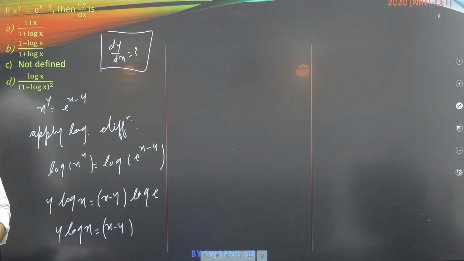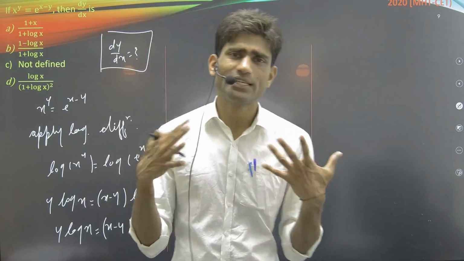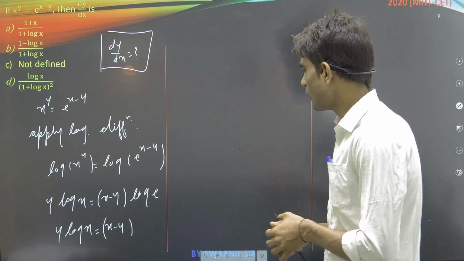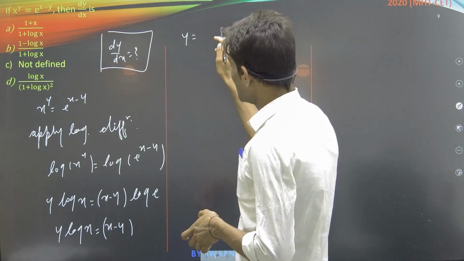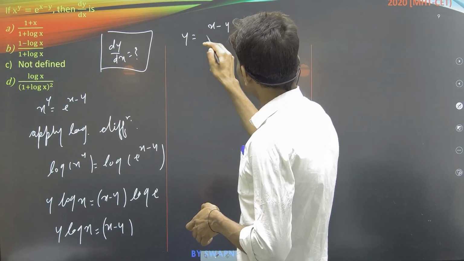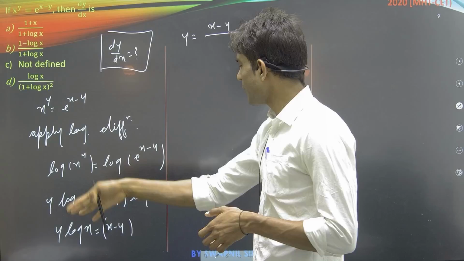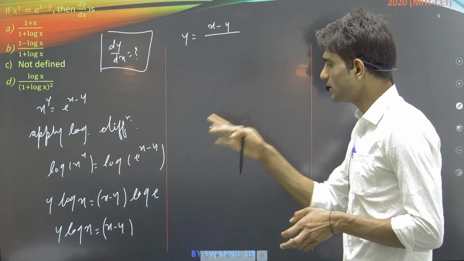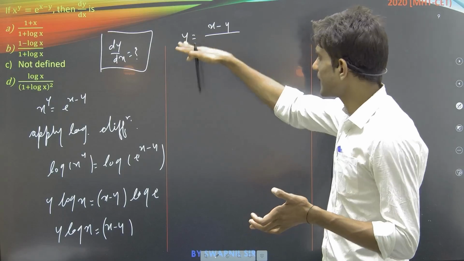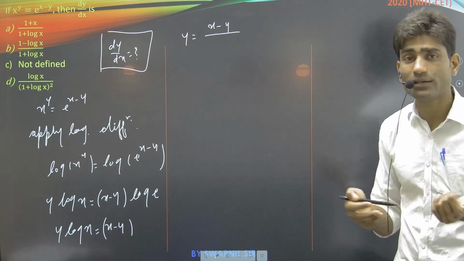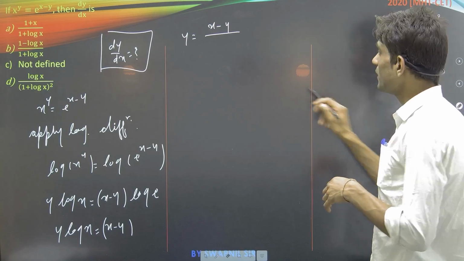Then find the value for y, so we can directly differentiate it as dy by dx. For finding the value of y, we may write y equals x minus y divided by log of x, or you may take y to the other side also. Take y common, because if you go for finding differentiation, then after that you have to arrange the terms.